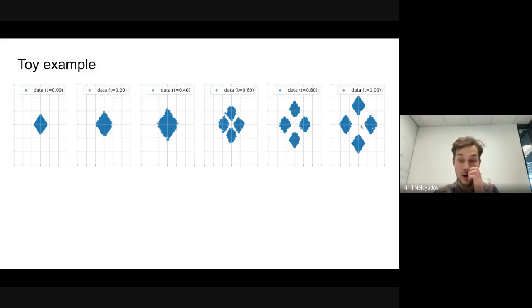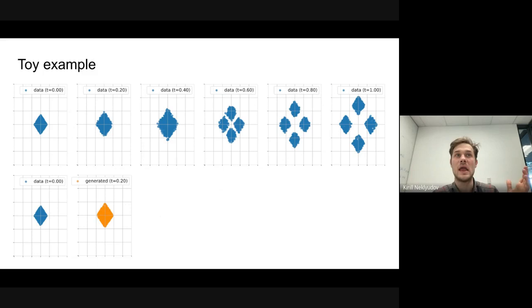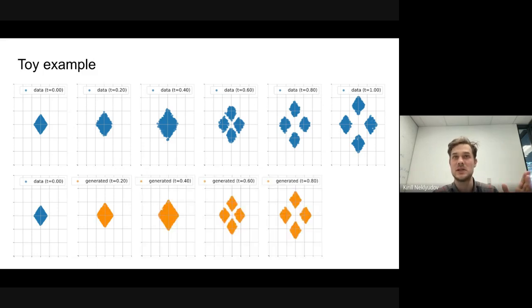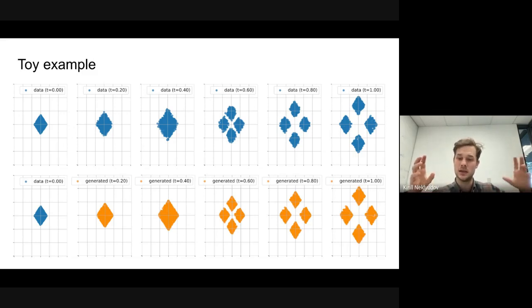So we learn our function s on this data. Then we sample data at the initial time t0, and we run our ODE for all these samples. We can take a look at the generated data, and we see that step by step it generates the right marginals, and that's the only thing we can guarantee here.